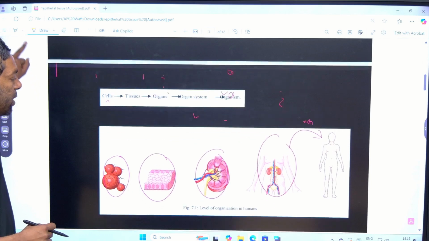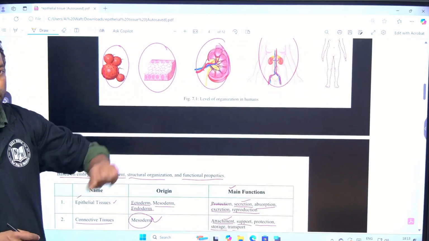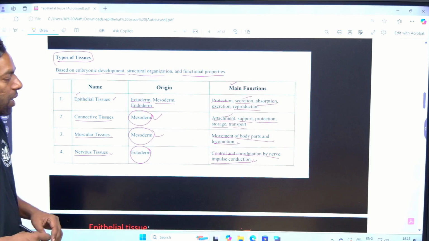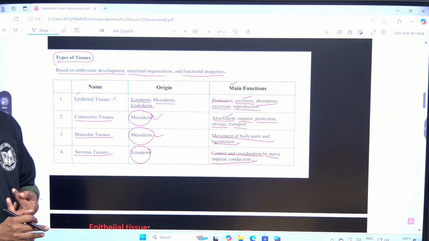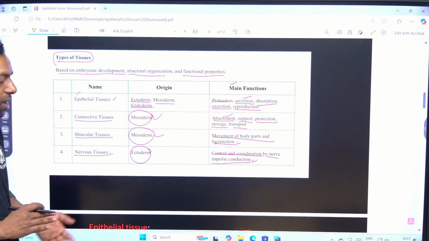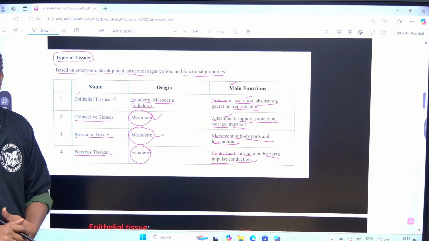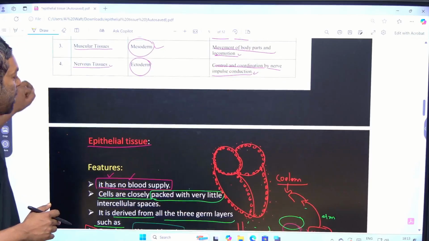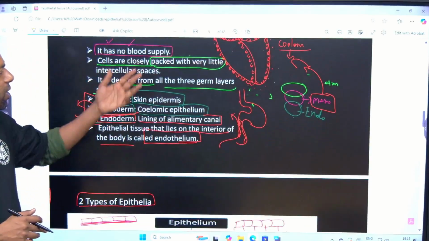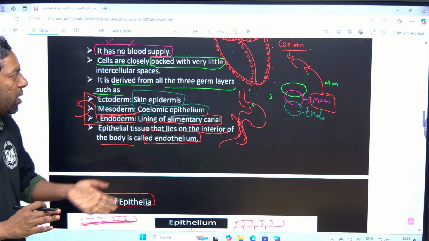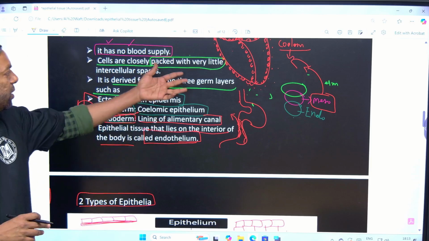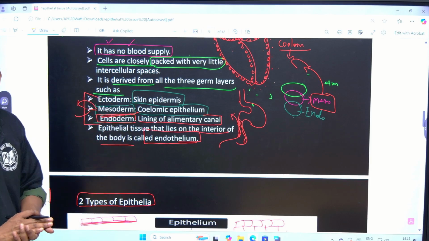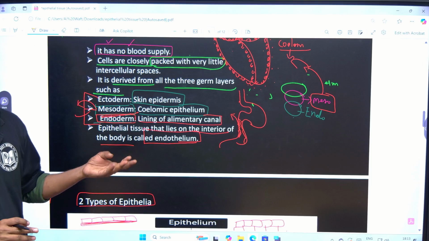There are four types of tissues: epithelial, connective, muscular and nervous tissue, originating from the three germ layers, ectoderm, mesoderm and endoderm. Epithelial tissue does not have blood supply, is tightly bound with little intercellular space, and develops from the 3 germ layers.